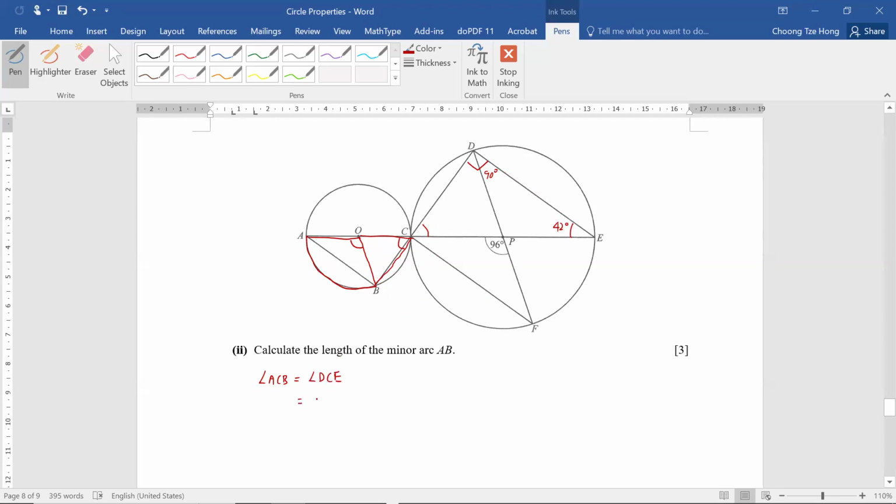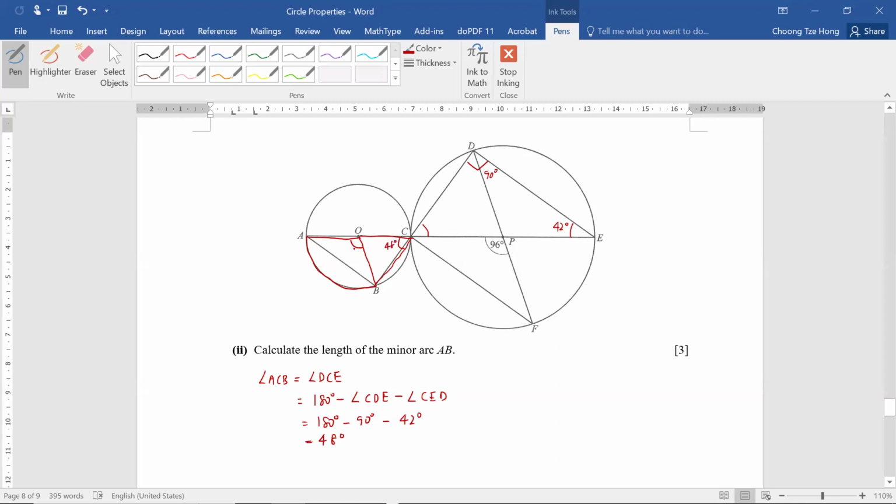The angle DCE in turn is 180 minus angle CDE minus angle CED. So 180 minus 90 minus 42, you will get 48 degrees. So this one will be 48.